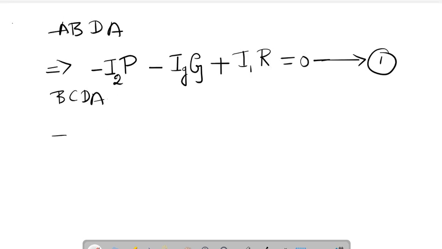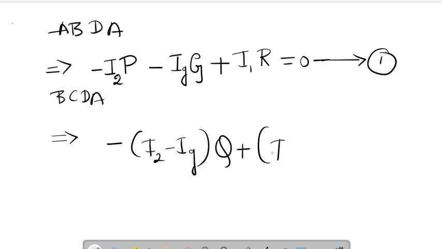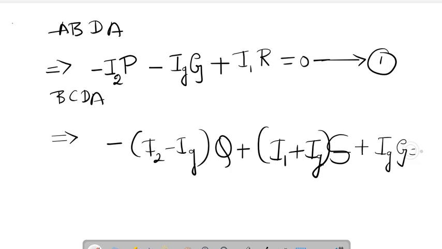If we apply Kirchhoff's loop law to BCDA, it will become minus I2 minus Ig into Q plus I1 plus Ig into S, plus Ig into G, and this is equal to 0.